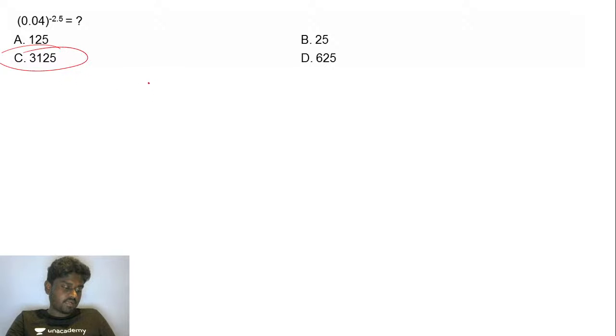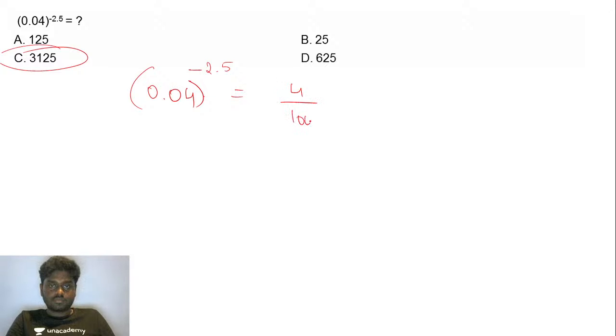Very good, Gayatri, Shiva. If you see here, I can first break the 0.04 as the whole power minus 2.5. Let me just break this as 4 by 100, the whole power minus 2.5.